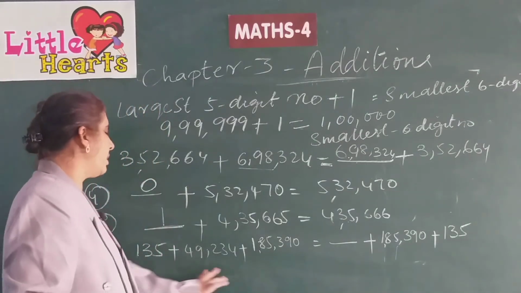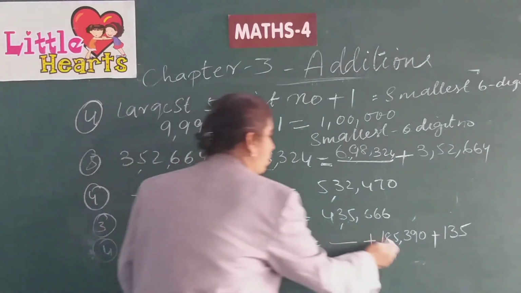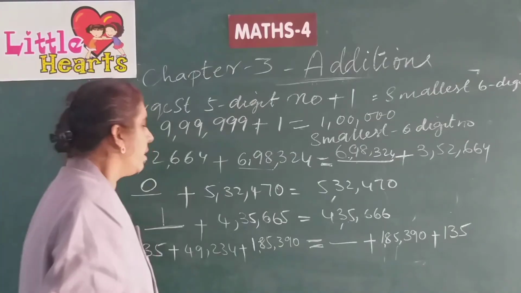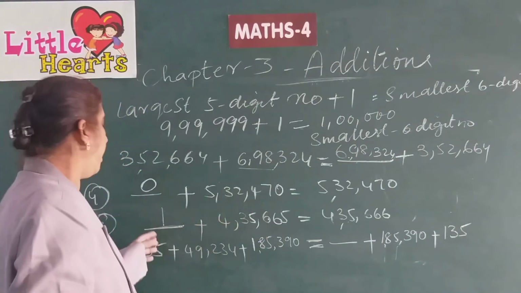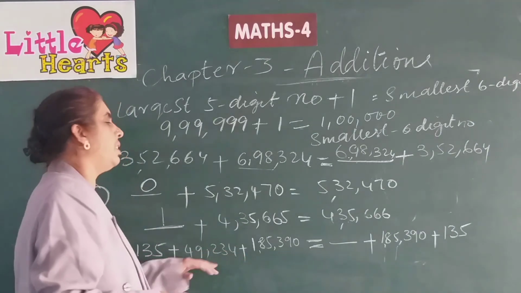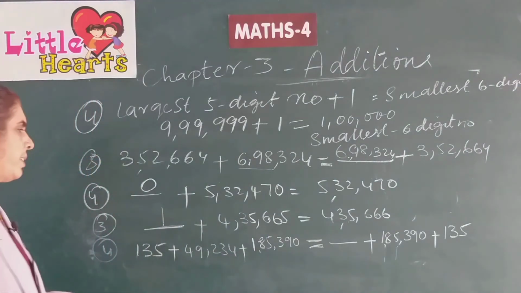Here three numbers are added and the order is changed, and there is an equals sign here. We know that when the order is changed in three numbers, we get the same answer. Even when the order is changed and added, we get the same answer.